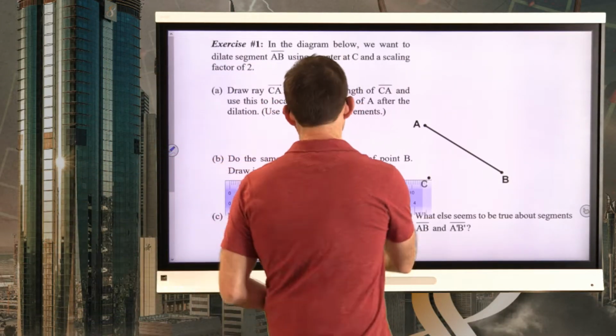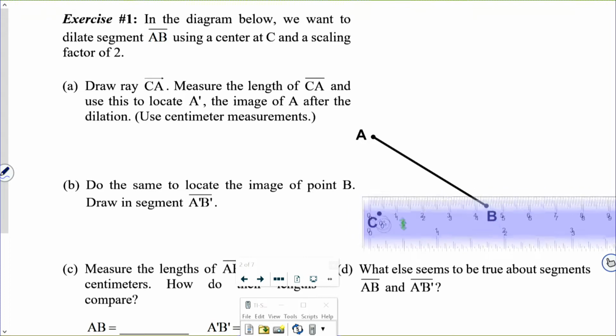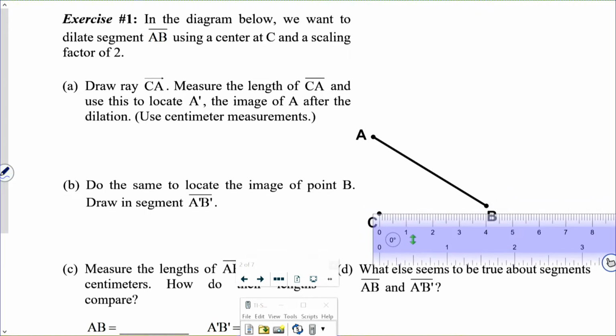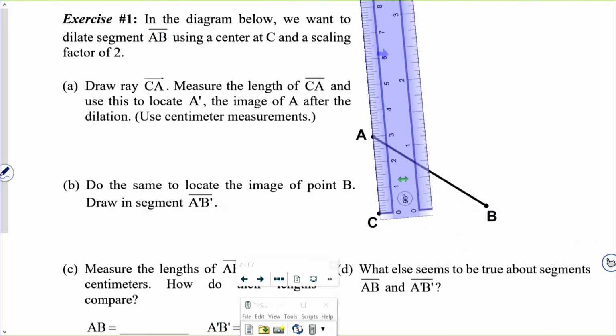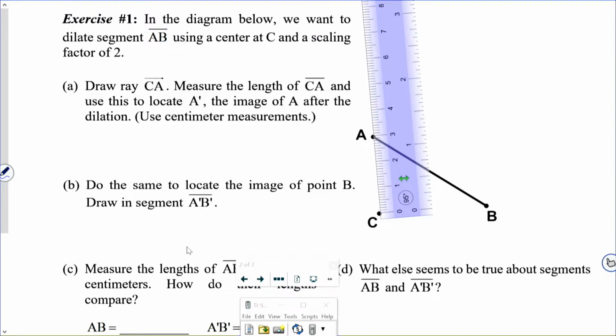All right, let's do letter A together, right? So I'm going to take my centimeter marked ruler, I'm going to put it at my center, and I'm going to measure that distance. Actually, first thing I'm going to do is draw in ray CA. Now while I've got it up here, I'm going to measure this distance, and that's 3 centimeters.